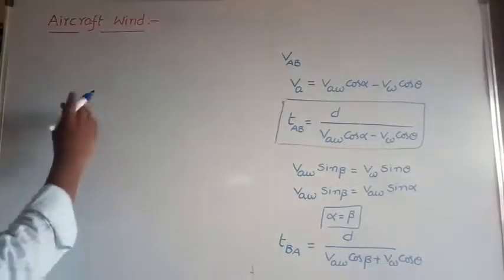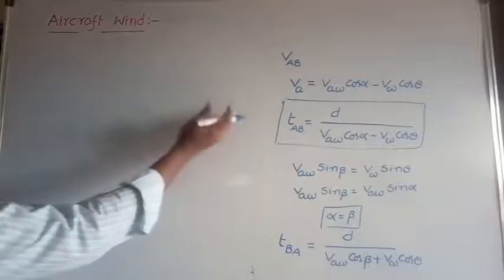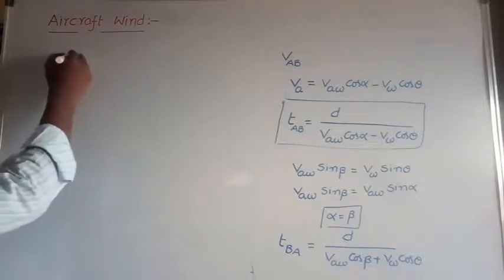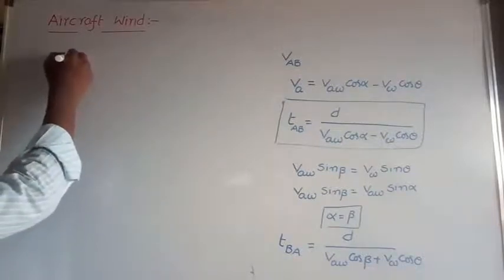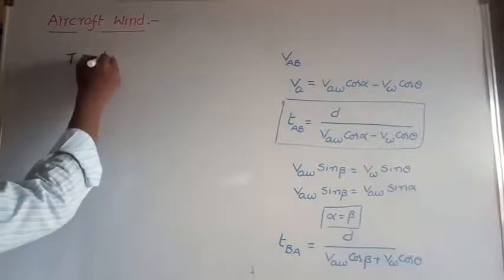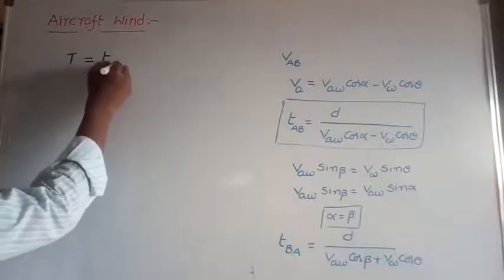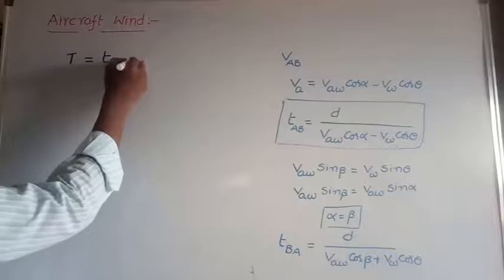Now, the total time taken to travel from A to B and B to A. The total time is taken as T. T is equal to TAB plus TBA.